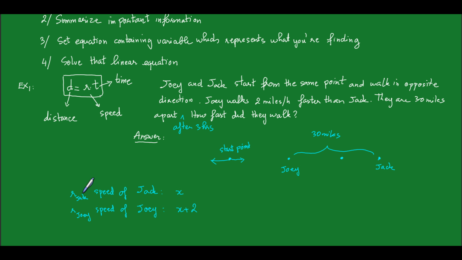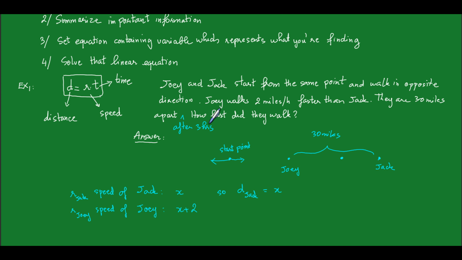If we multiply by the time, the amount of time Jack was walking and the amount of time Joe was walking, then it gives you the distance of Jack. So d Jack will be the speed R of Jack, which is x, times what? Times the amount of time they walk.